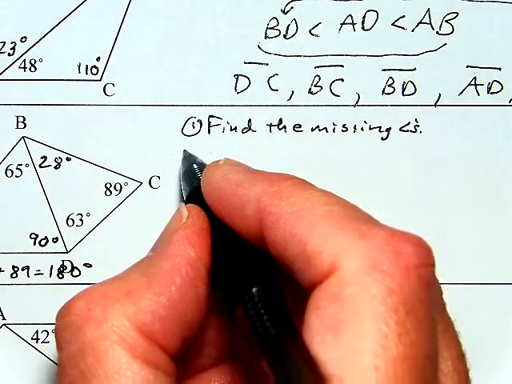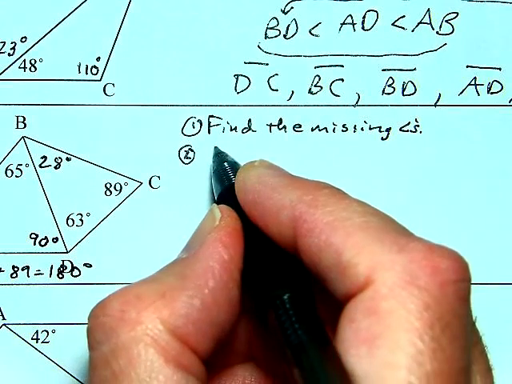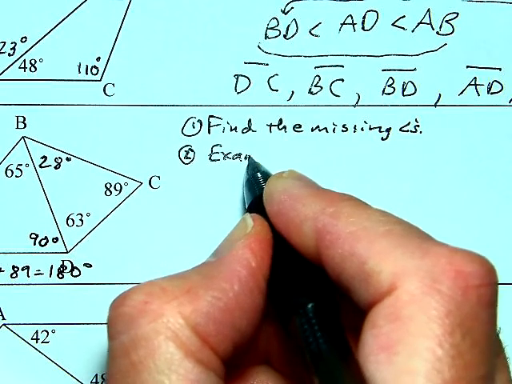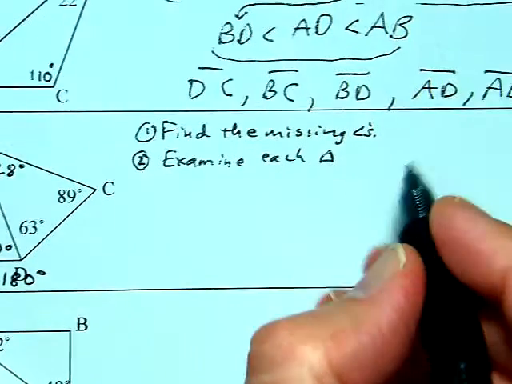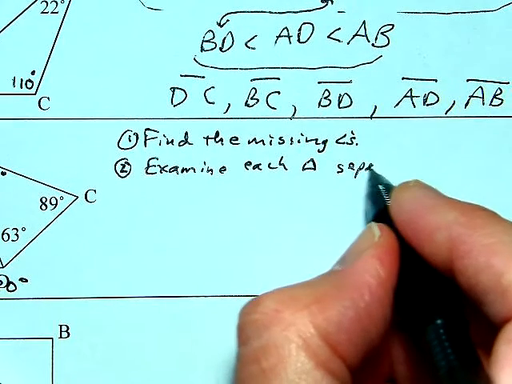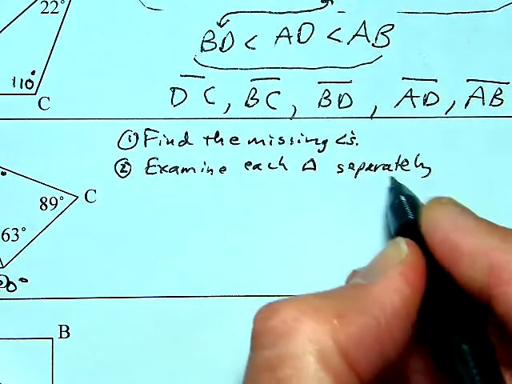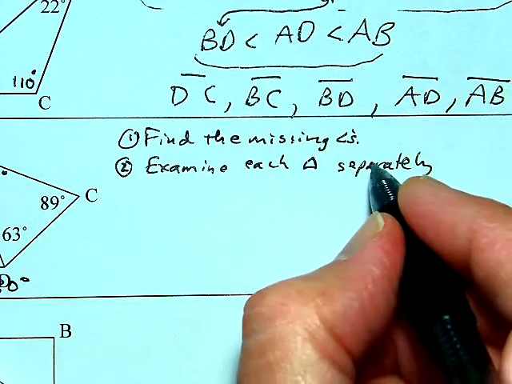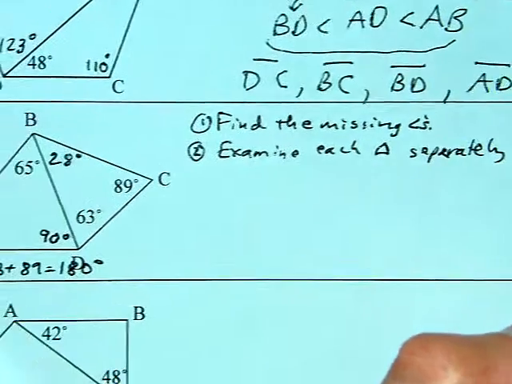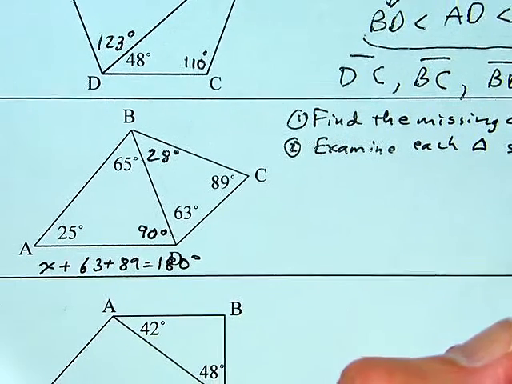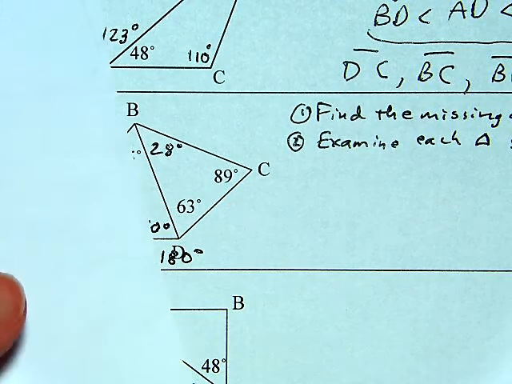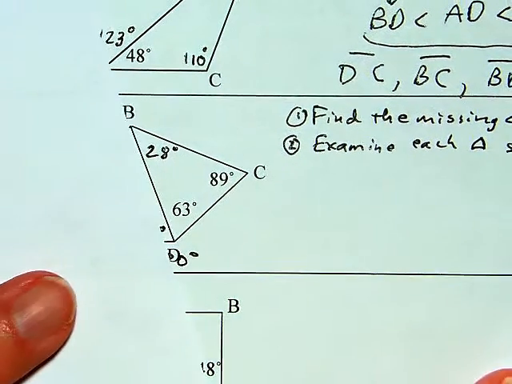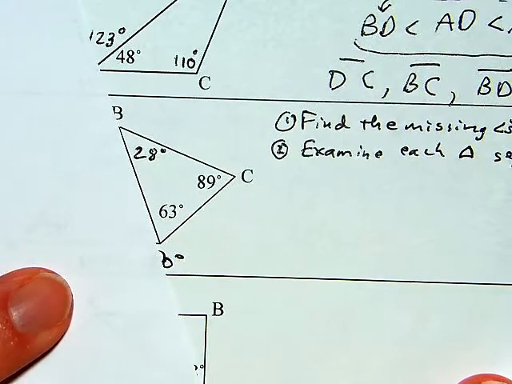I did number 1. Number 2 is now examine each triangle separately, so that we can come up with individual sets of inequalities. So let's take a look at, and it doesn't really matter which triangle I do first, but let me go ahead, and it's a little bit easier to do the right triangle first.